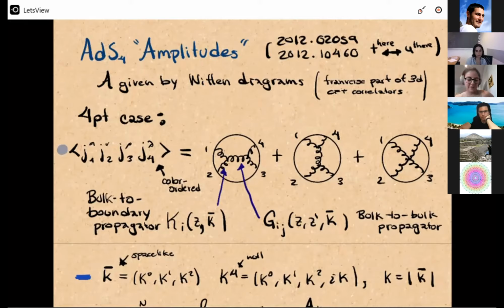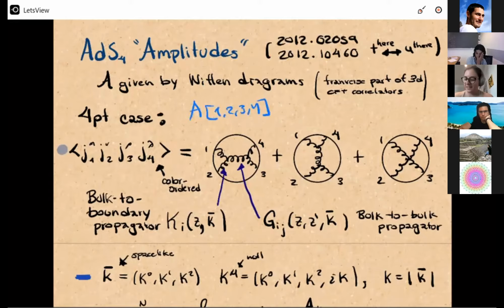Now, if you want to think about the analog of what would be your Yang-Mills amplitude, what we want here is the 4-point correlator of these currents that are also charged under this non-abelian U(N). And this correlator is going to be my color-ordered analog of my amplitude A(1,2,3,4).